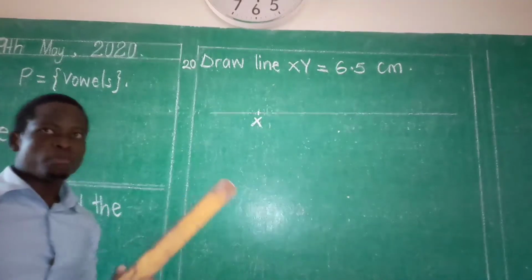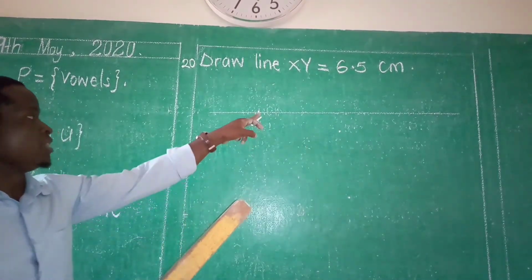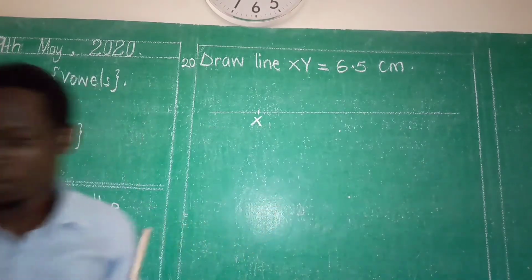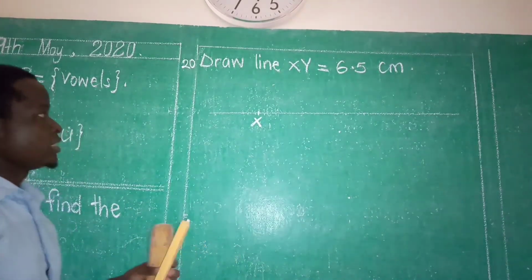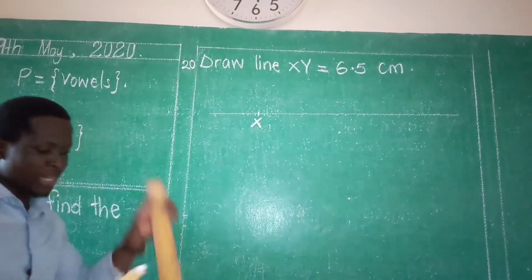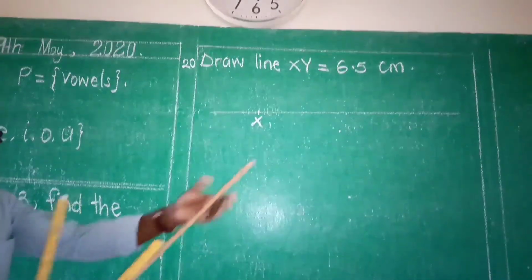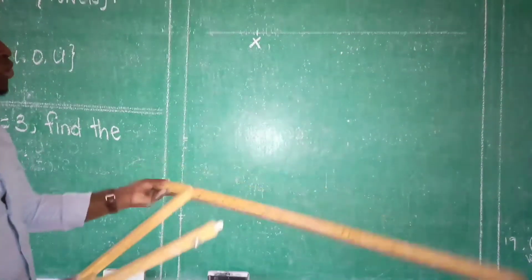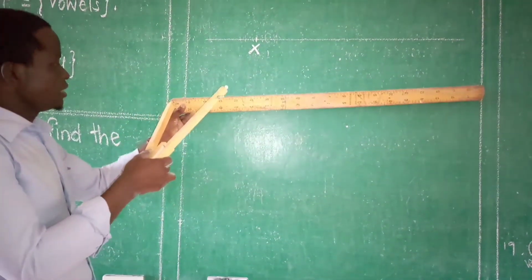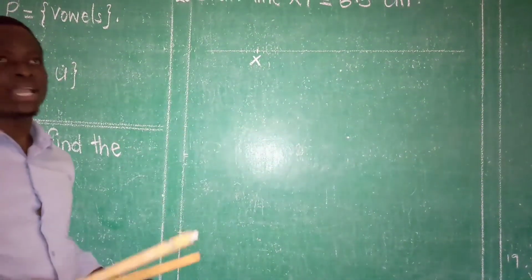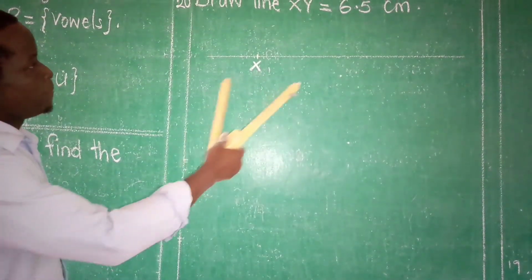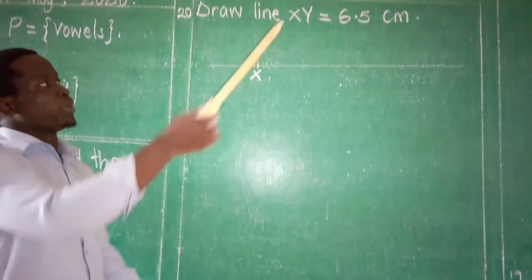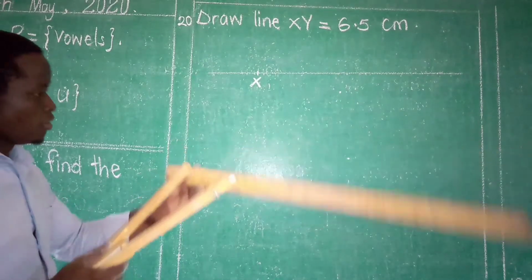So you measure 6.5 centimeters from this point. What do you do? You get your pair of compasses, place it onto your ruler and measure 6.5 centimeters. Place the needle of your compass at 0 on your ruler and open the pencil to touch 6.5 centimeters.